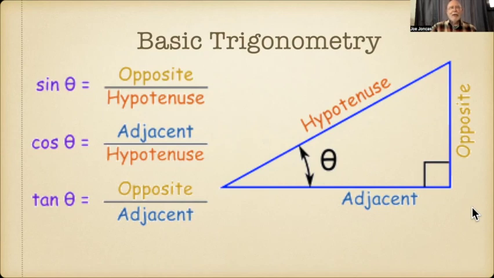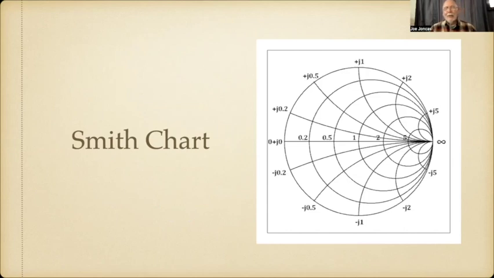Knowing this helps you to understand what the math is about that's coming up. It's not absolutely necessary. You can memorize the formula and do it. But Scott, you're right, a Smith chart.